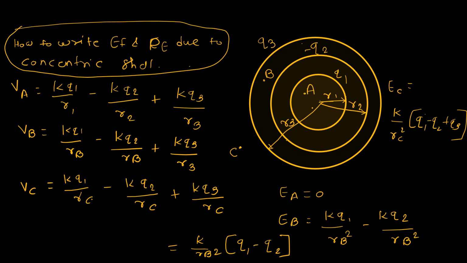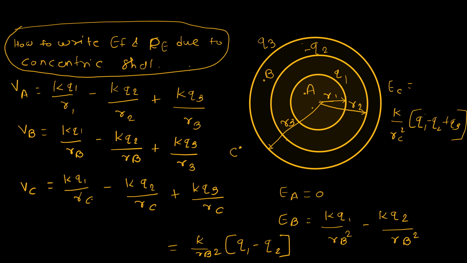Similarly, for point B the potential because of q2 is kq2 upon rb, and for q3 it's an inner point, so obviously kq3 upon r3 you can write.